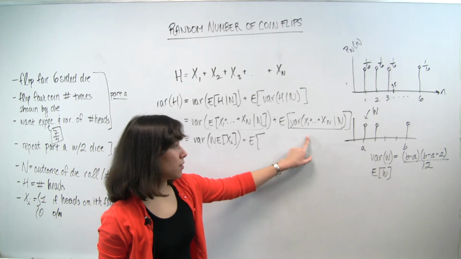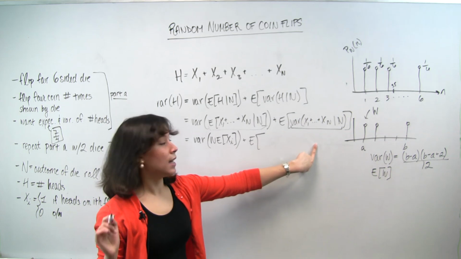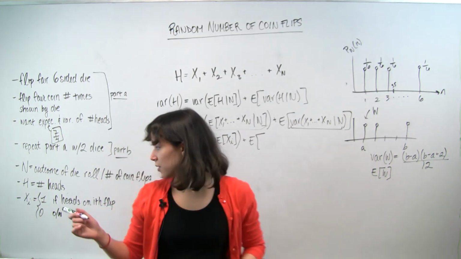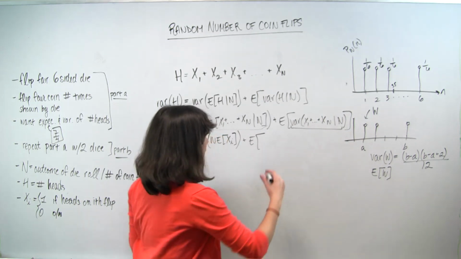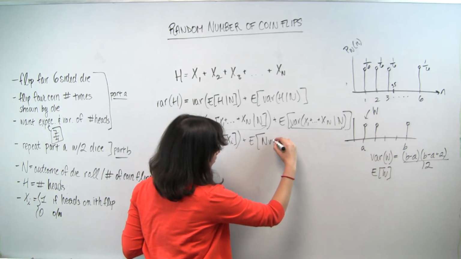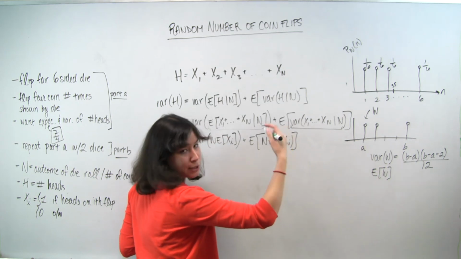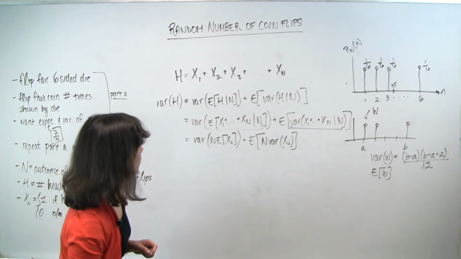So this is the variance of x1 plus the variance of x2, etc., plus the variance of xn. And furthermore, because all of these xi's have the same distribution, the variance is the same. So we can write this as n times the variance of x sub i, where x sub i just corresponds to one of the trials. It doesn't matter which one because they all have the same variance and expectation.